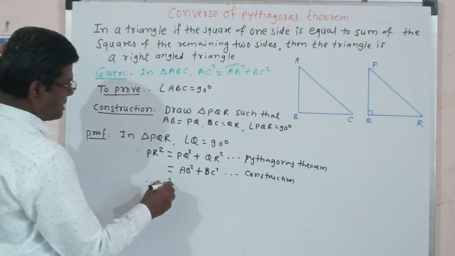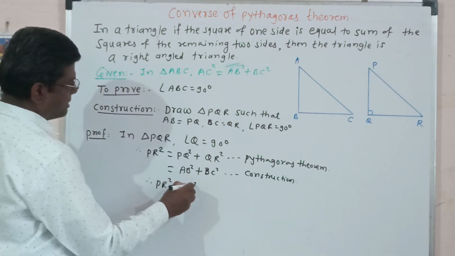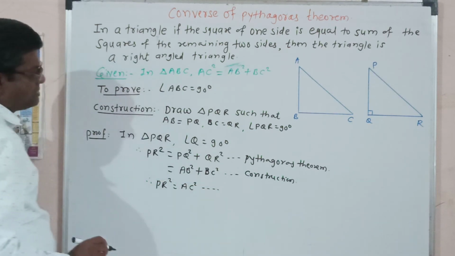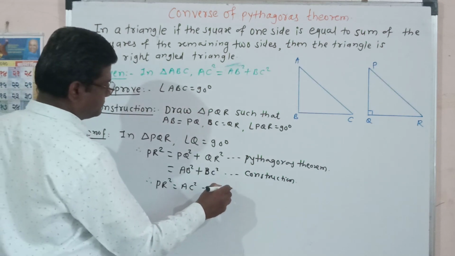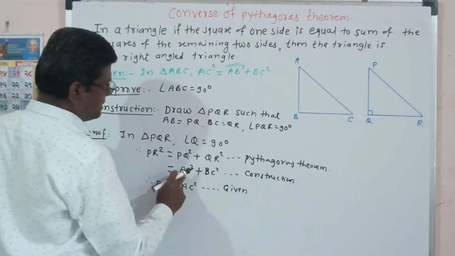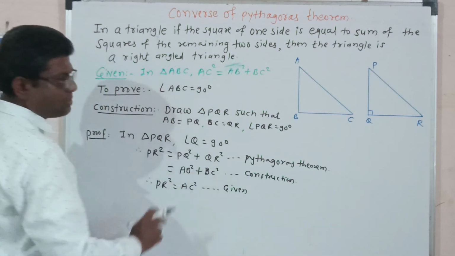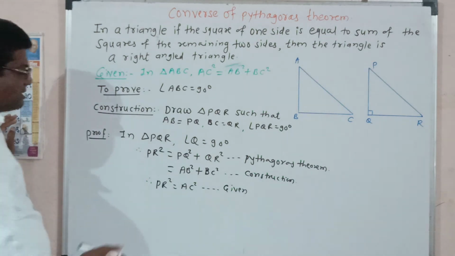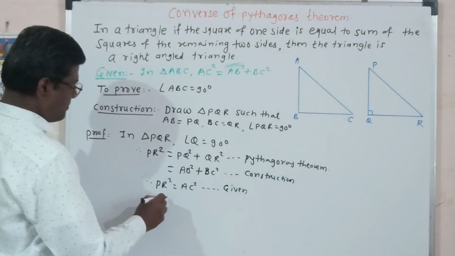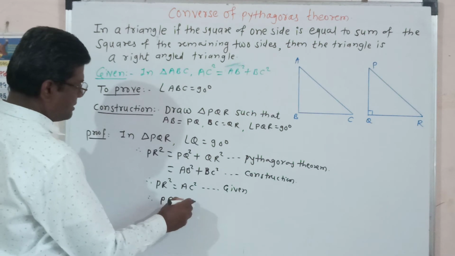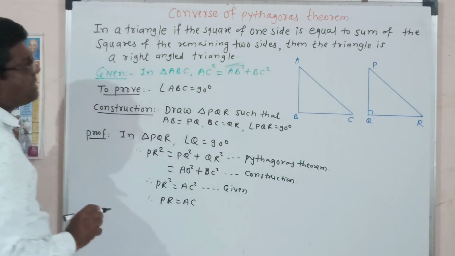Therefore, PR square is equal to AC square. This is given. AB square plus BC square is equal to AC square is given. Therefore, PR is equal to AC.